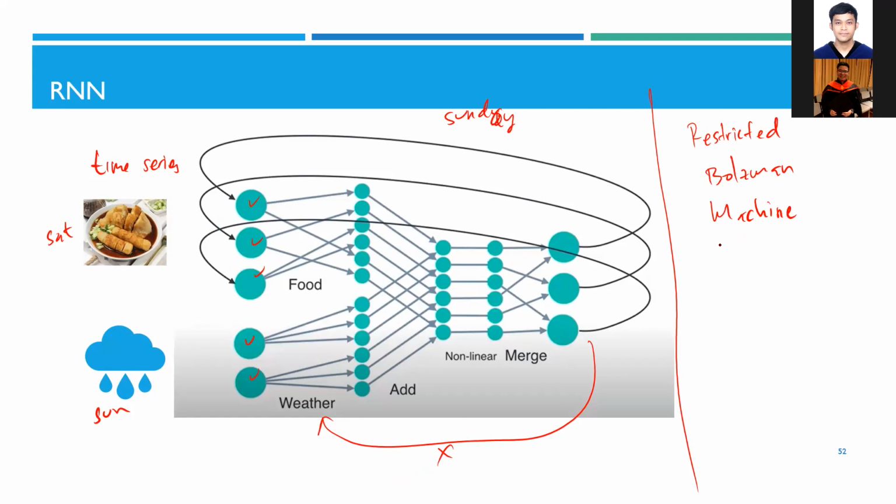But here, the input is also the output. So here we have the input layer, for example. This is the input layer. And then we have hidden layers. This is hidden. Another hidden layer, for example. This is fully connected.